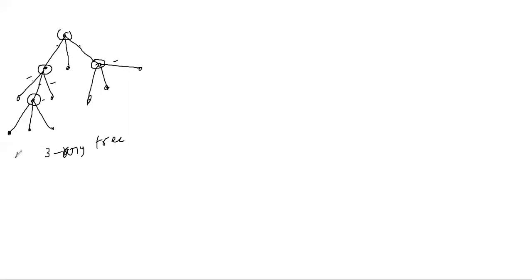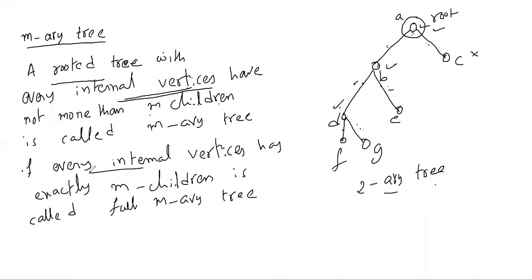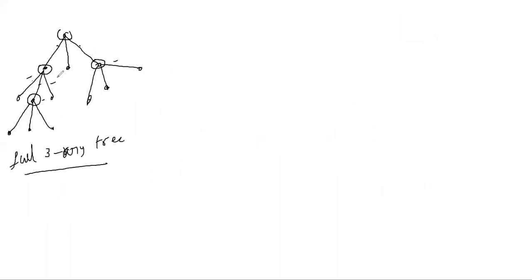So you call it a full three-ary tree. By the definition, if every internal vertex has exactly m children, it is called a full m-ary tree. So when you come to this one, each of the circled internal vertices has exactly three children. Therefore, this is called a full three-ary tree.